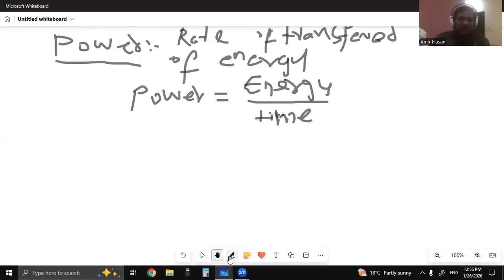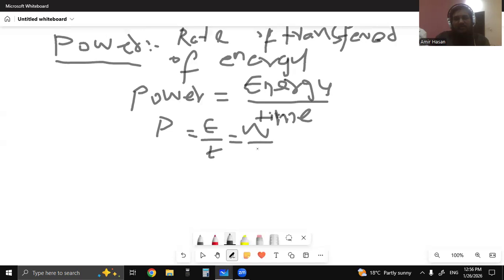What is energy? We derive this energy equation with the help of the potential difference formula. Now, power is equal to energy upon time, E upon T, or we can say work upon time. In electrical power, we can derive it by the formula of voltage. Voltage, potential difference, is work upon charge, and work is equal to potential into charge.